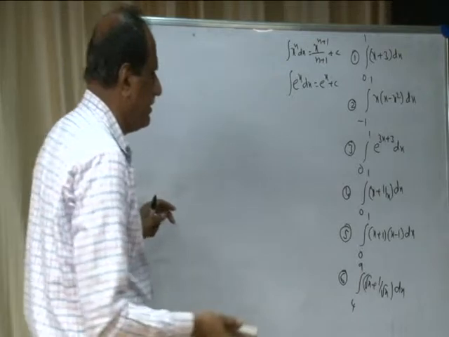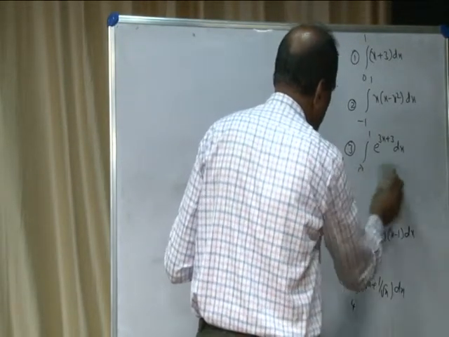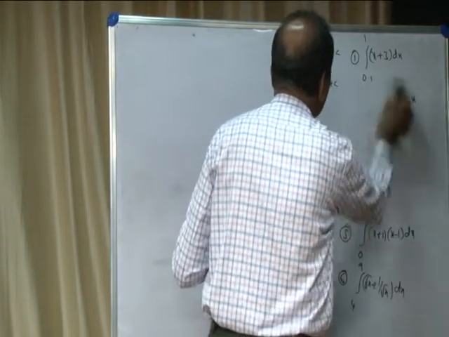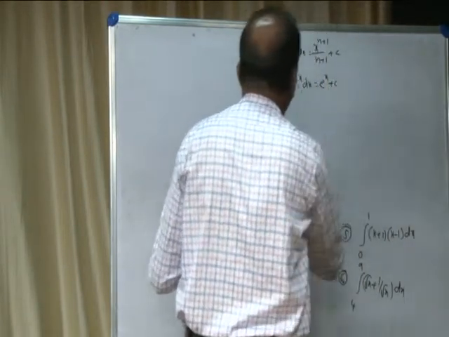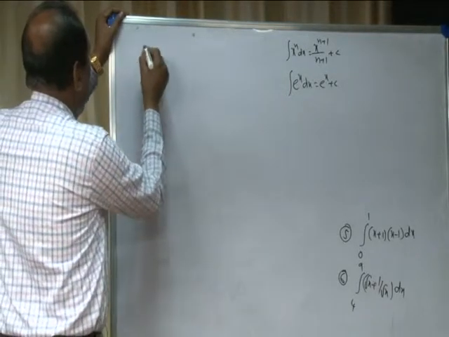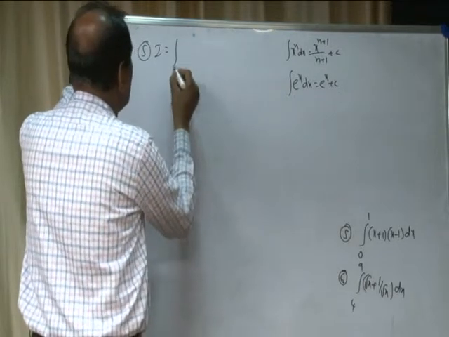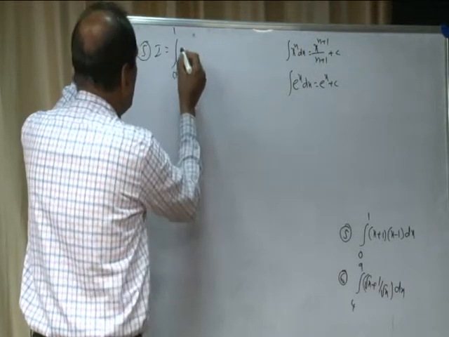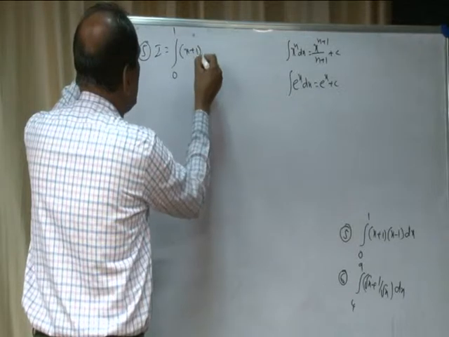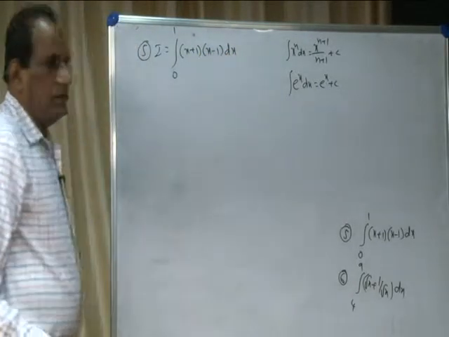So, four problems over. Fifth problem: I is equal to the integral from 0 to 1 of (x plus 1) into (x minus 1) dx.